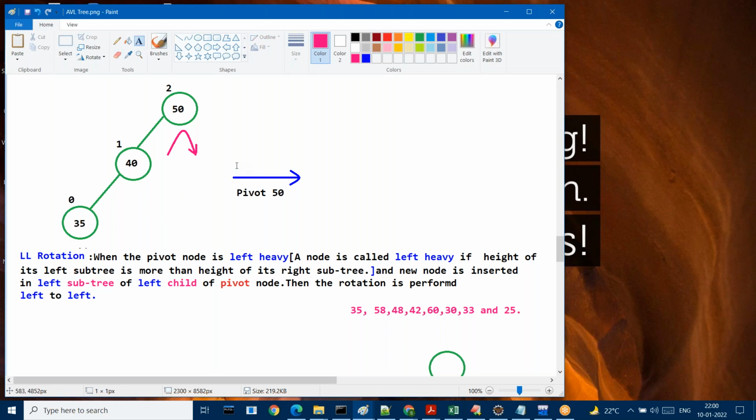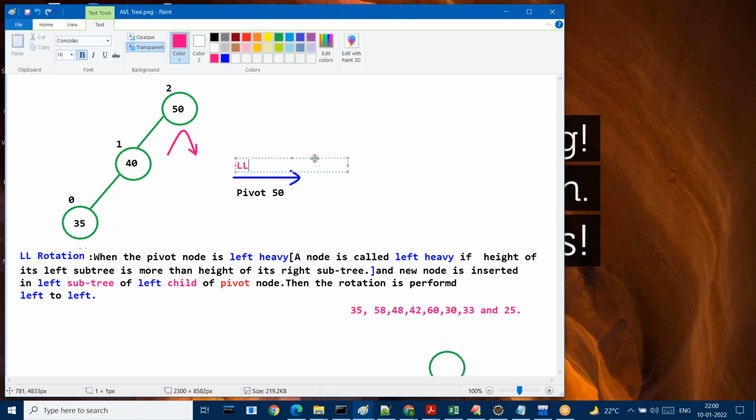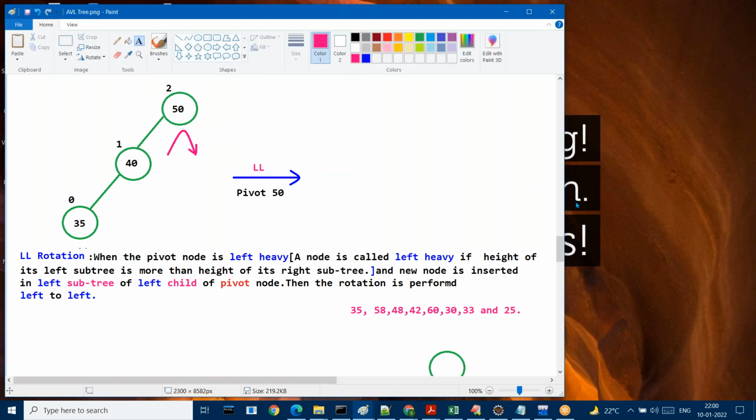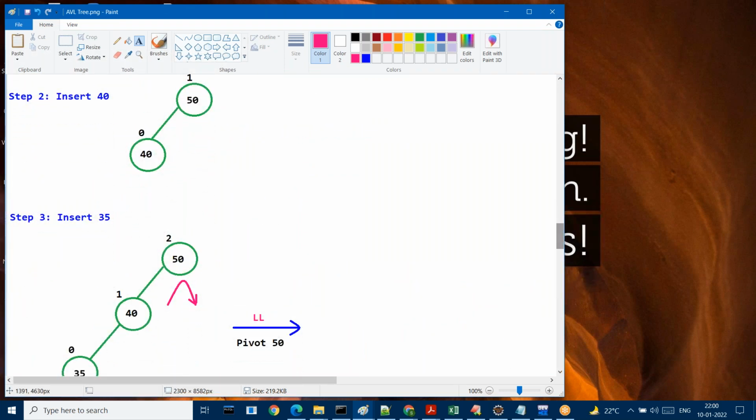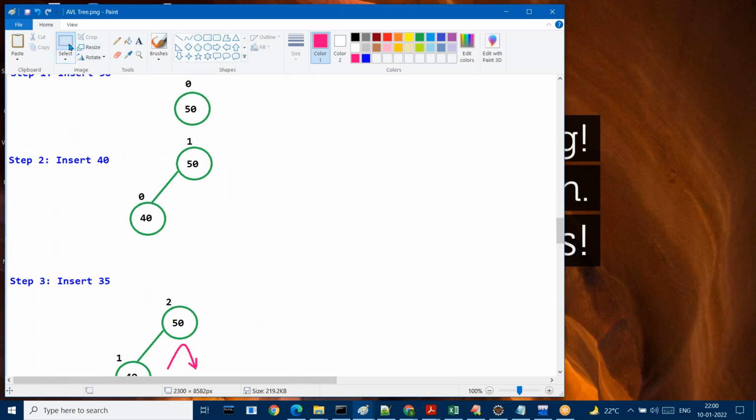The rotation is LL, sir. Tell me, guys, who will be the root now? If I bend the tree from there, who will be the root now? Sir, 40 will be the root. Any doubt, students? If I bend the tree like that, who will be the root? 40 will be the root.